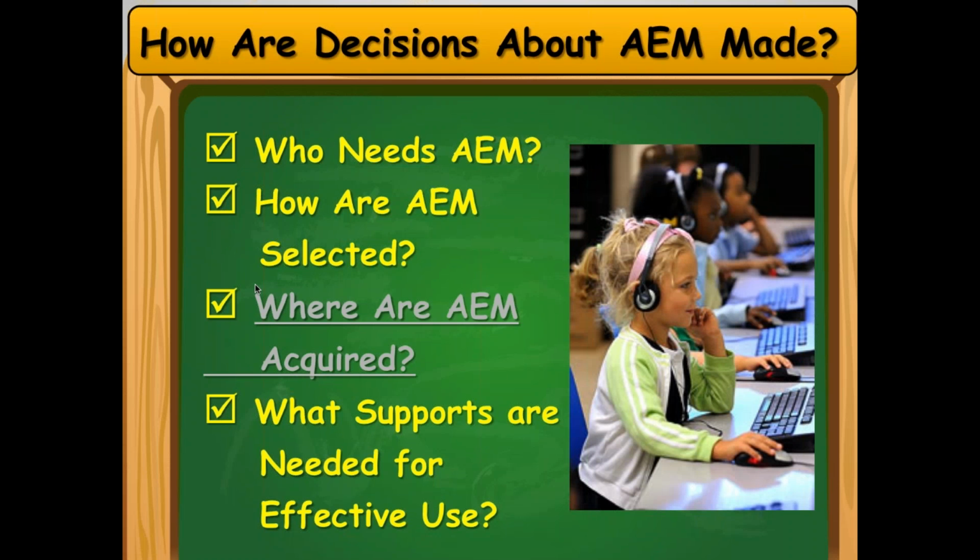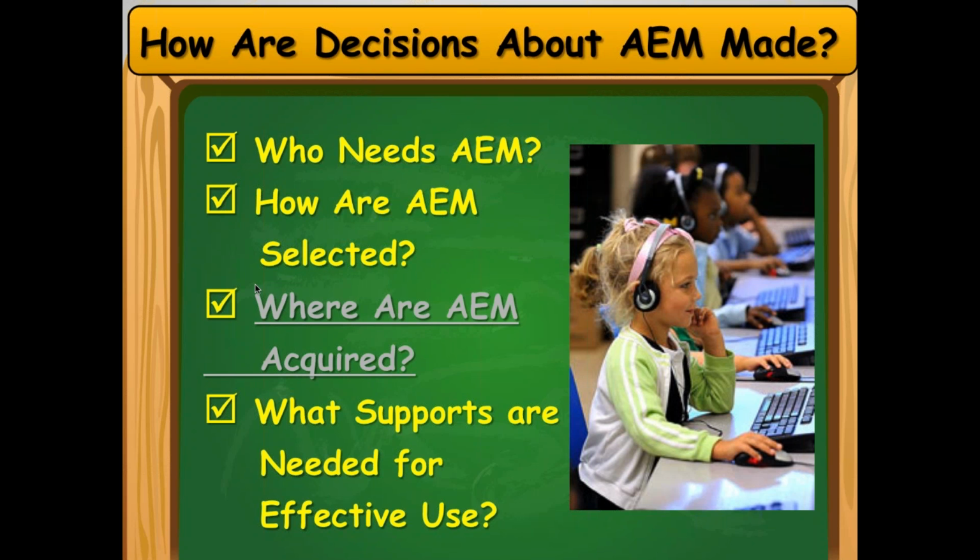So we also talked about how decisions are made about AEM and who makes them. The most effective way to consider AEM is through the IEP process, where parents and staff are equal partners in coming up with an effective IEP document.